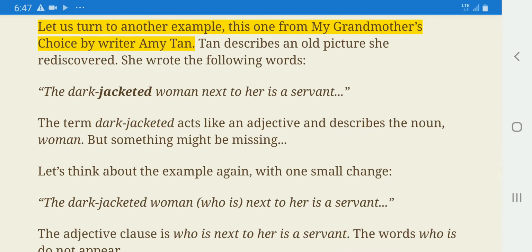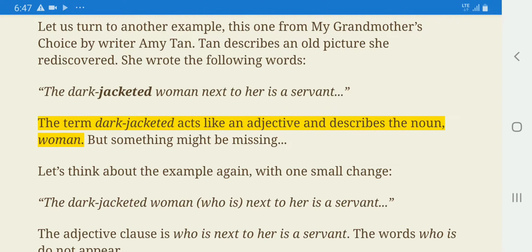Let us turn to another example, this one from My Grandmother's Choice by writer Amy Tan. Tan describes an old picture she rediscovered. She wrote the following words. The dark-jacketed woman next to her is a servant. The term dark-jacketed acts like an adjective and describes the noun woman.